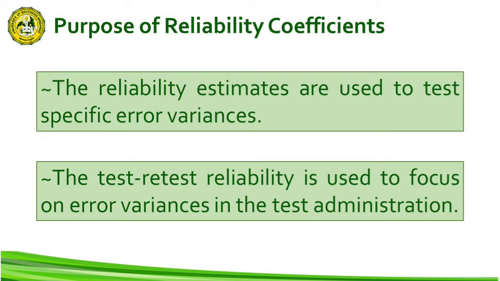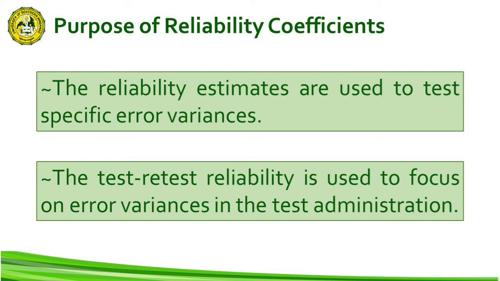So, hindi ka naman interfere with test construction. So, yung ma-eliminate na error variance is only the test administration, because the other error variances are not involved naman in computing the reliability coefficient of the test, retest, reliability estimate.